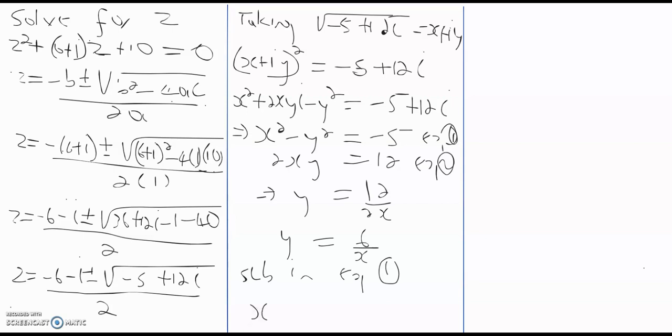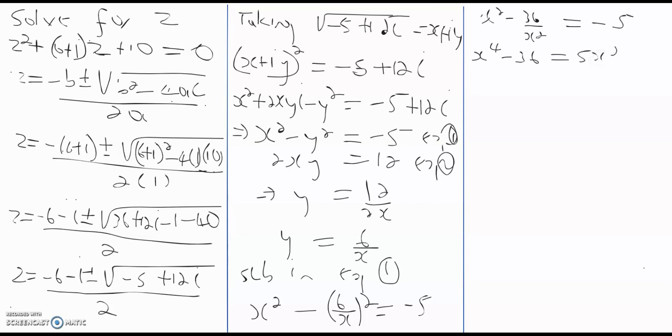So we end up with x squared minus (6 over x) all squared equal negative 5. Now when I break this down, I'm going to have x squared minus 36 over x squared equal negative 5, which is going to be x to the 4 minus 36 equal negative 5x squared. So I'm going to have x to the 4 plus 5x squared minus 36 equals 0.